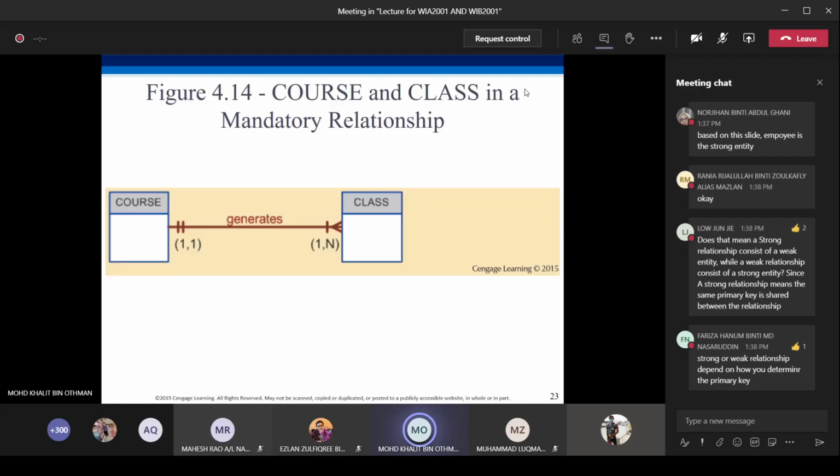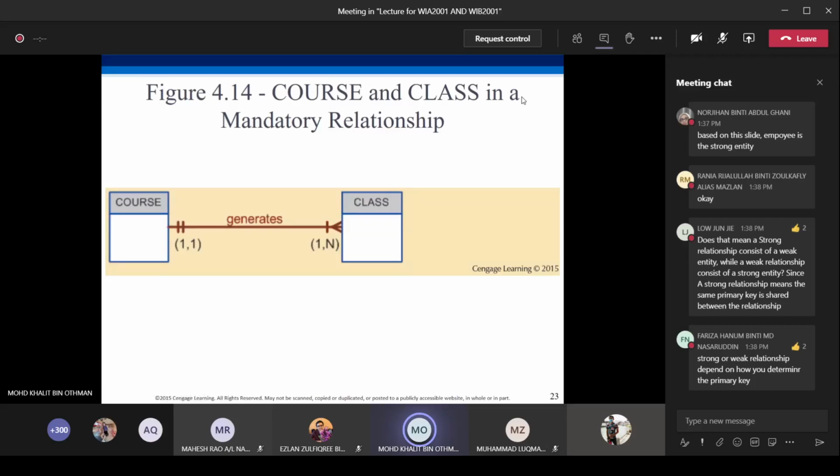This is figure 4.14, course and class in a mandatory relationship. Based on this model, for example, we have the relationship course generates class.